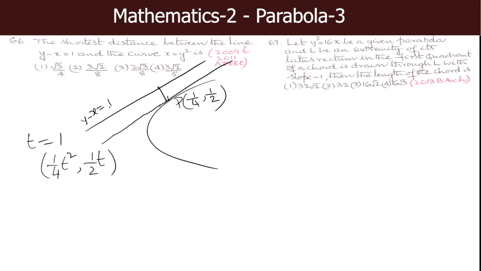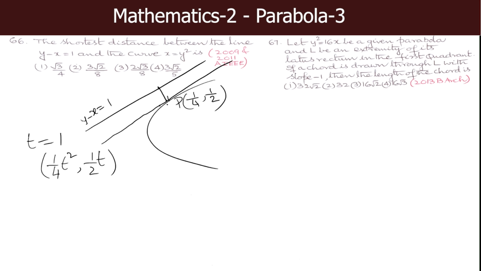Because the slope of the straight line y minus x equal to 1 is 1, the slope of the tangent must also be 1. The tangent drawn to the parabola at the point t, x minus ty plus at square equal to 0, has the slope 1 by t. When t is 1, 1 by t is also 1. And therefore, the point on the parabola which is closest to the given straight line is (1/4 t square, half t), where t equal to 1, which is (1 by 4, half).